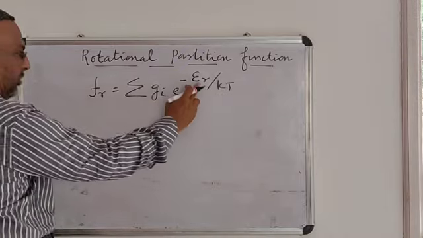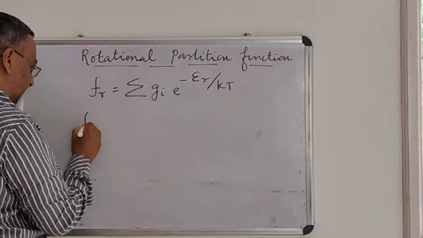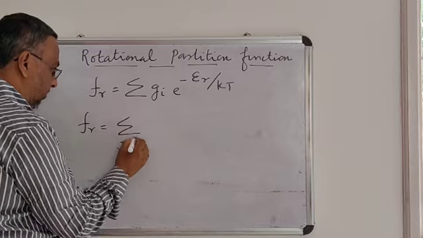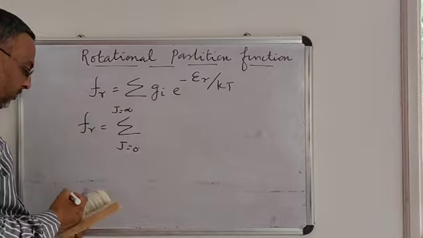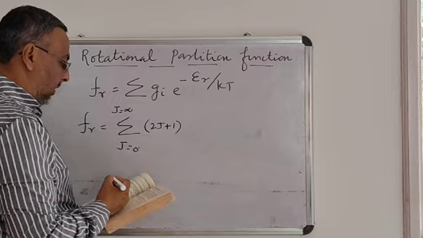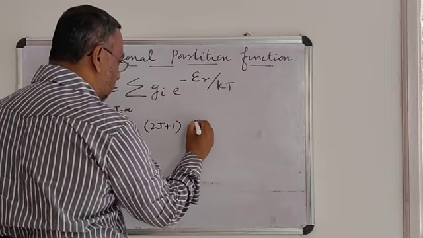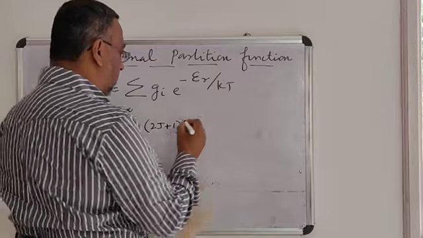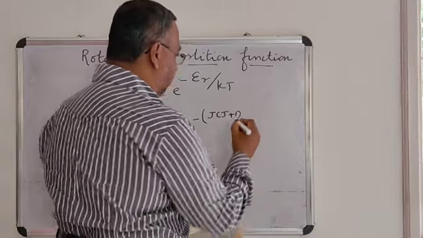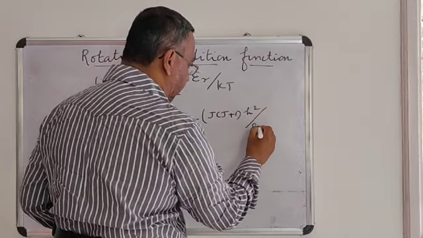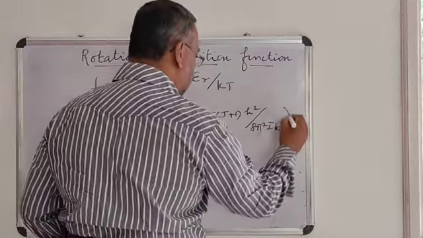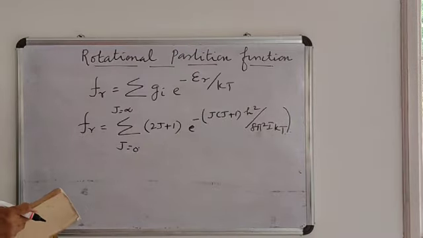Substituting the energy of rotation, this becomes the summation from J equal to 0 to infinity of 2J plus 1 into e power minus J into J plus 1 into h square divided by 8 pi square I k T.